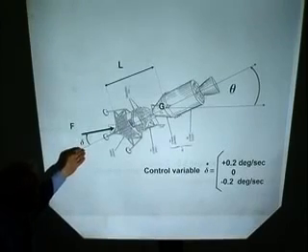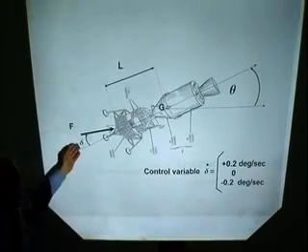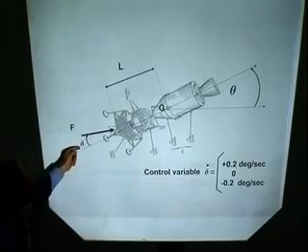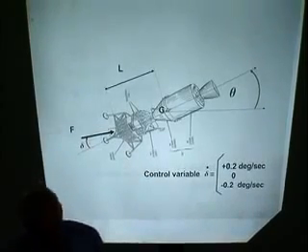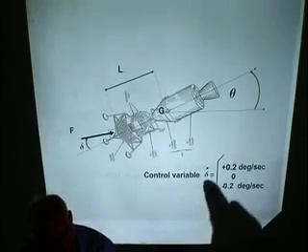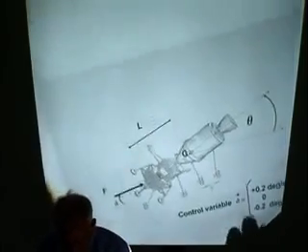So you've got one more integral in there. You have to drive the gimbal angle, and the integral of that gives you the angle, which gives you the torque, which controls the other two state variables. So this is a third-order plant where the control variable is delta dot, at 0.2 of a degree per second.